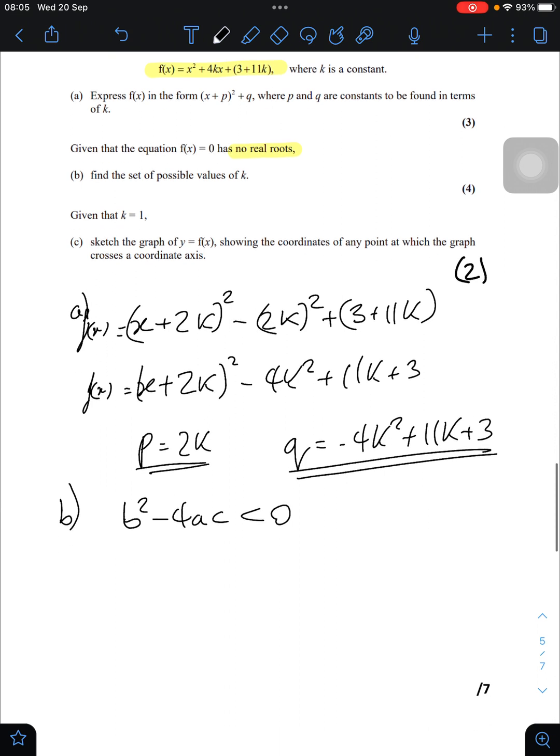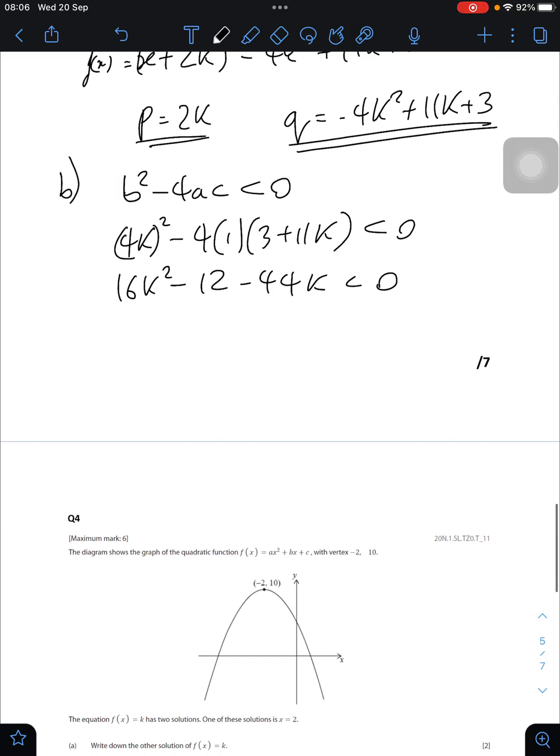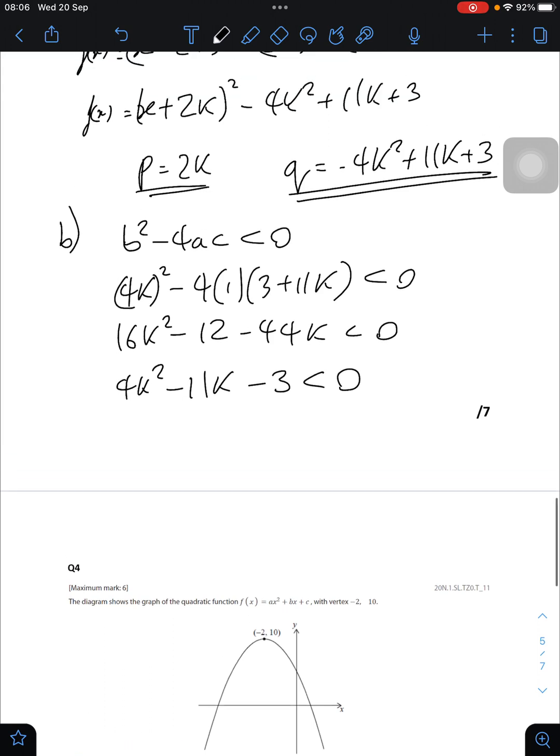B squared minus 4ac would be 4k squared minus 4 lots of a, which is 1, times c, which is 3 plus 11k. And we know that all of that is less than 0. So therefore it would be 16k squared minus 12 minus 44k is less than 0. Dividing through by 4, we would get 4k squared minus 11k minus 3 is less than 0.